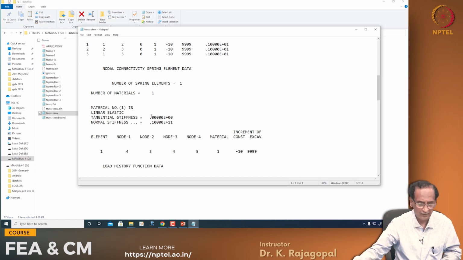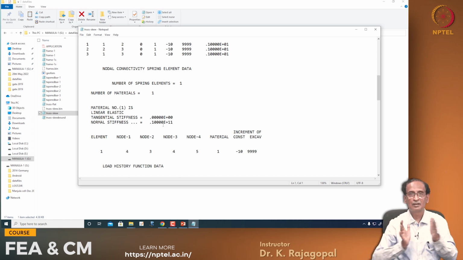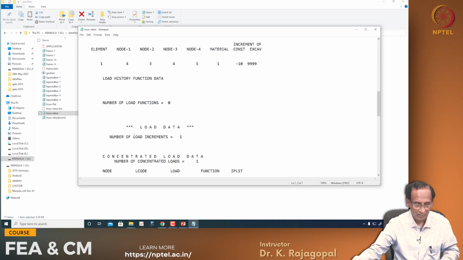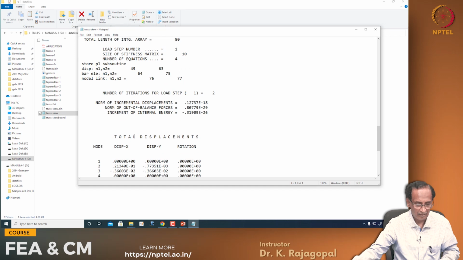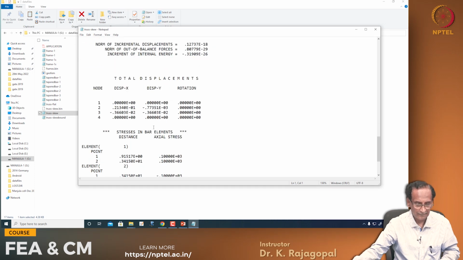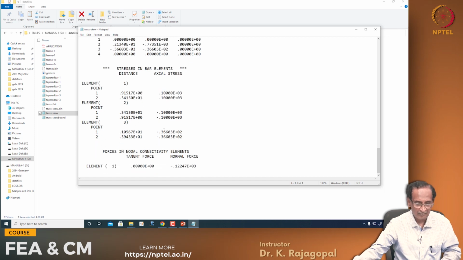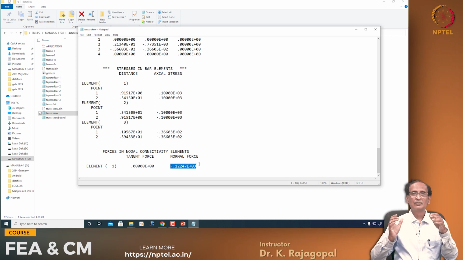The tangential stiffness is 0 and the normal stiffness is 10 to the power of 10, so that there is no deformation normal to the surface, and then these are the deformations, and then the forces and the bar elements, and the element 3 has a compression of 36.6, and then when we look at the force in the spring, it is coming as compression 122.47.